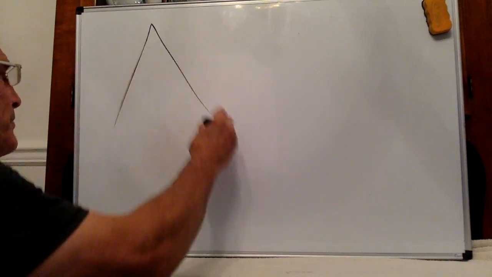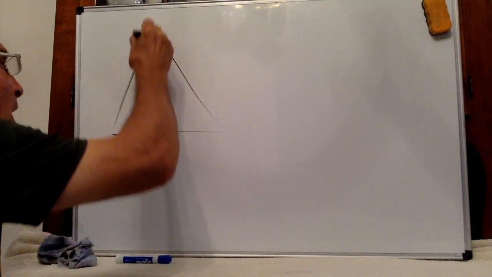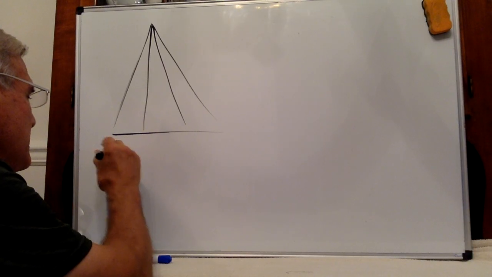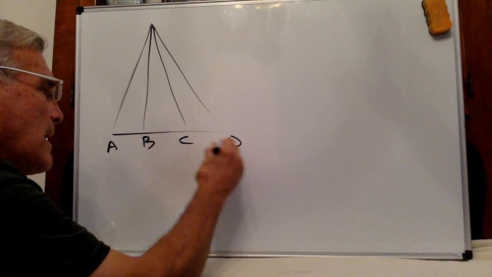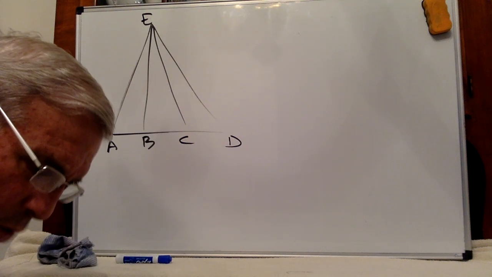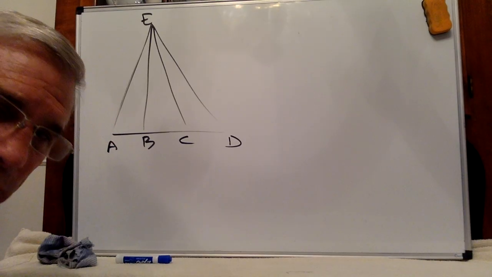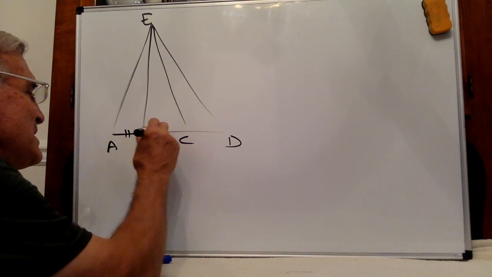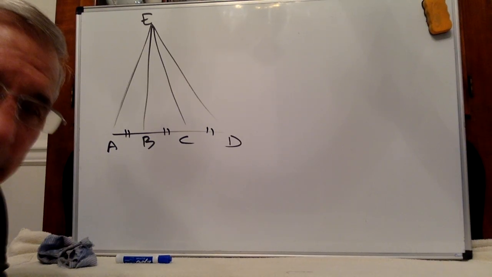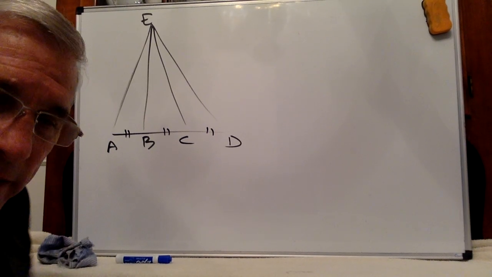And in problem number 8, you're given this figure, and it was A, B, C, D, E. And they told you that in the figure, points B and C are trisection points. That means this, this, and that. Those little 3 pieces are congruent. Remember, trisect means cut into 3.